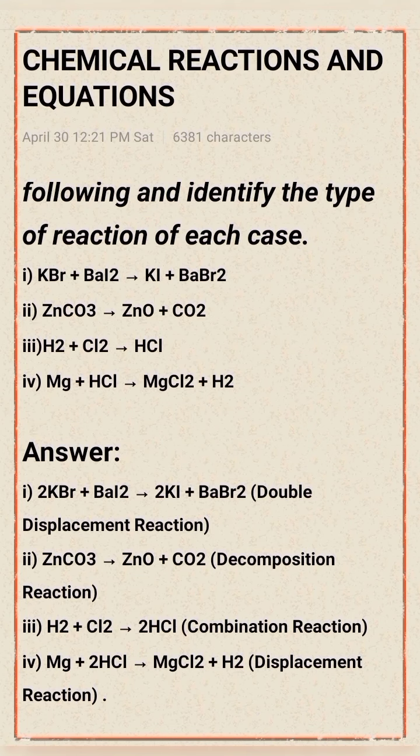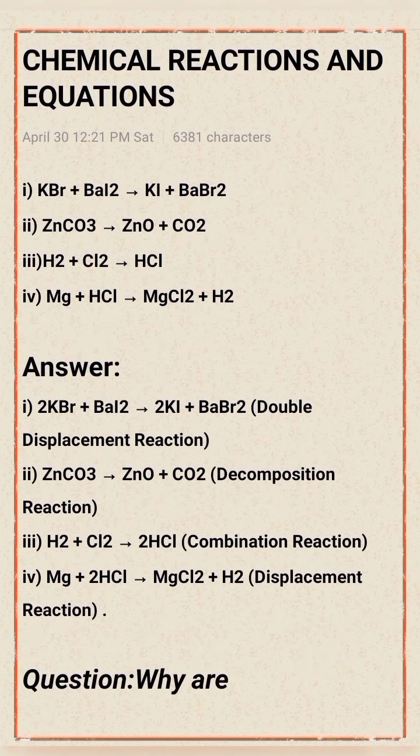Next equation, number 4: Mg plus HCl product MgCl2 plus H2. The balanced equation is Mg plus 2HCl product MgCl2 plus H2. This type of reaction is a displacement reaction.